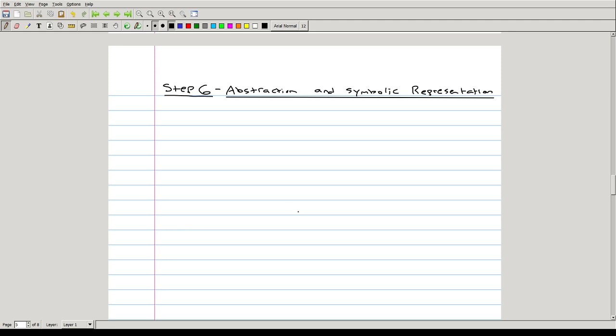Typically, step 6 requires insight and a lot of creativity to complete, and the reason for this is that typically the true variables which control phenomena are often masked by the data.